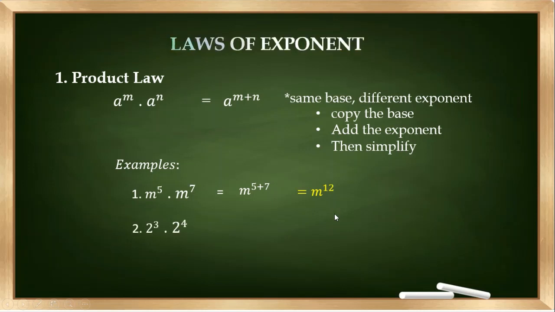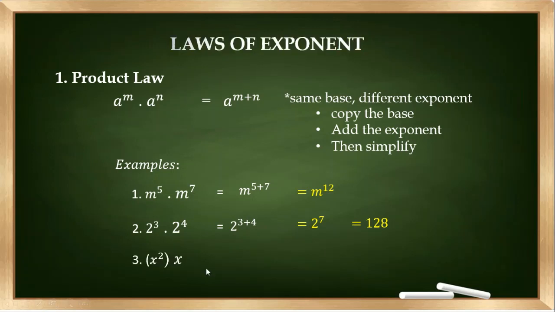So another example is we have 2 cubed times 2 raised to the 4th power. So just simply copy the base 2 because we have the same base, then add the exponent which is 3 plus 4, and that is equal to 2 raised to the 7th power. And if we're going to simplify 2 raised to the 7th power, that is equal to 128.